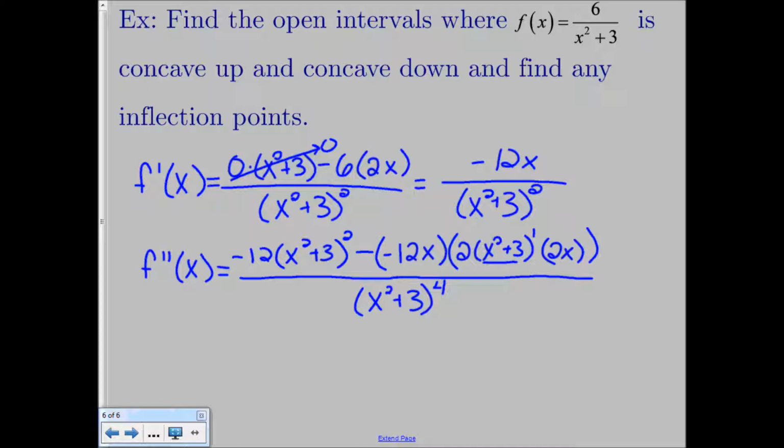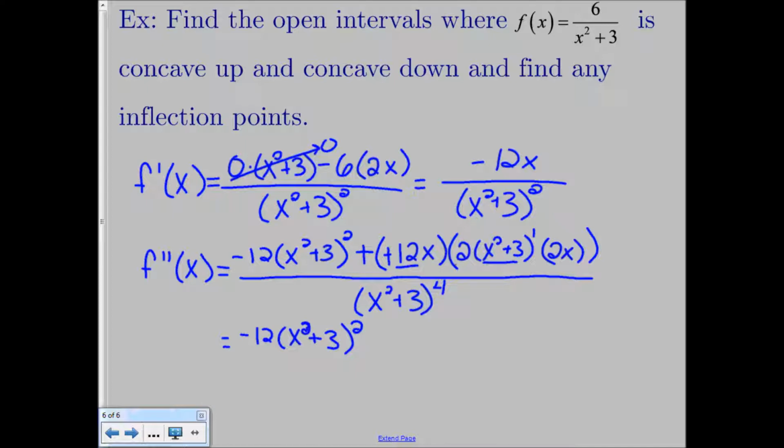Okay, so now let's just clean it up so it makes it a little easier to solve when we set it equal to 0. So this negative 12 times x squared plus 3 squared, that can stay as it is, and then minus a negative 12, these are going to become positive when we multiply them together. So then let's just multiply these coefficients together.